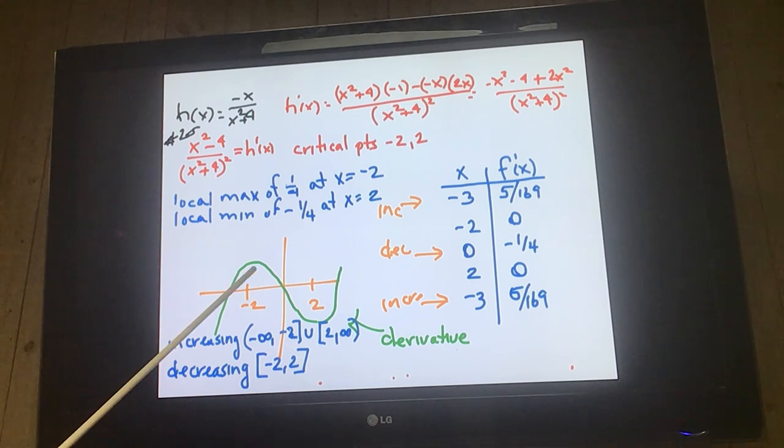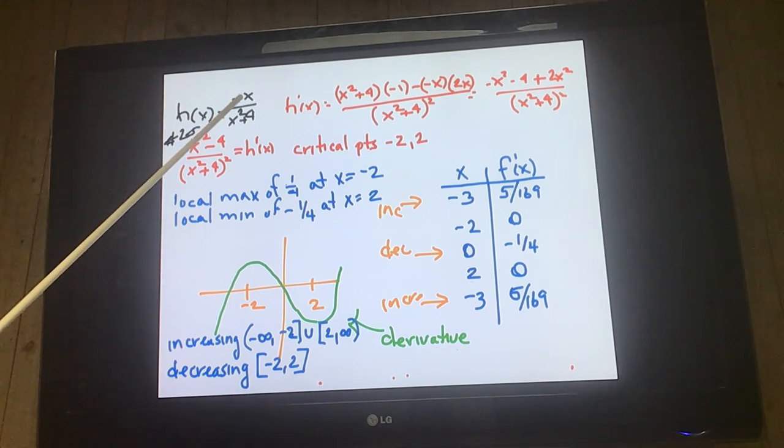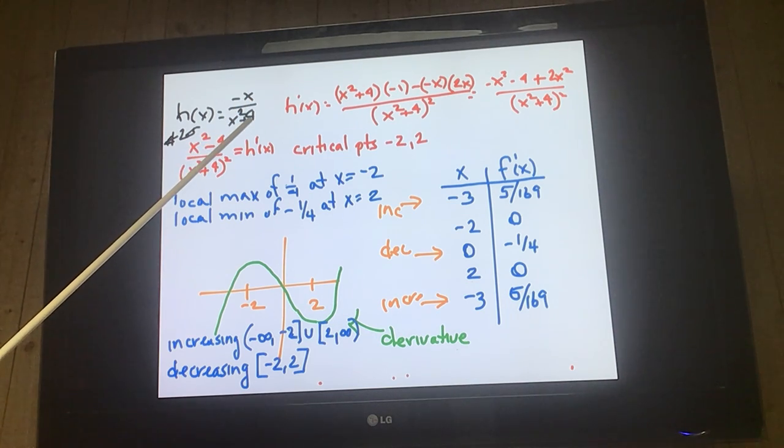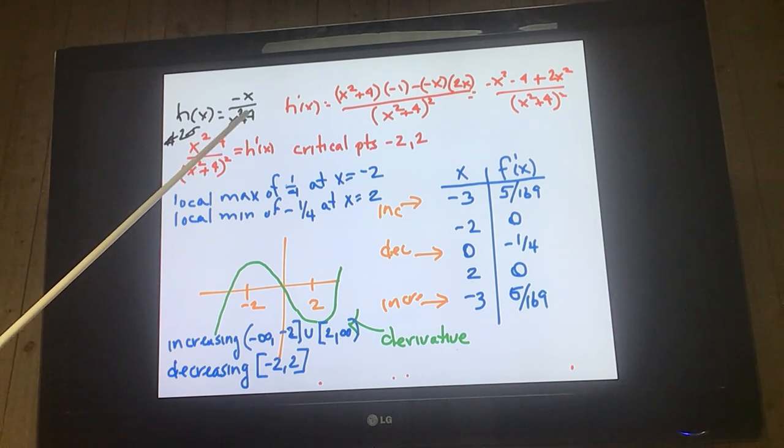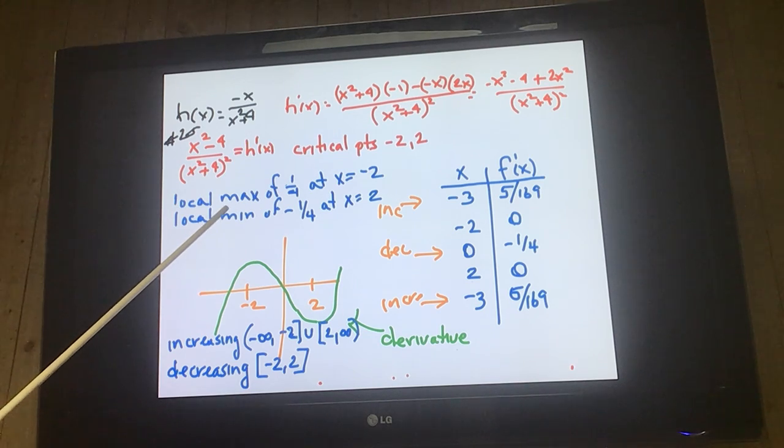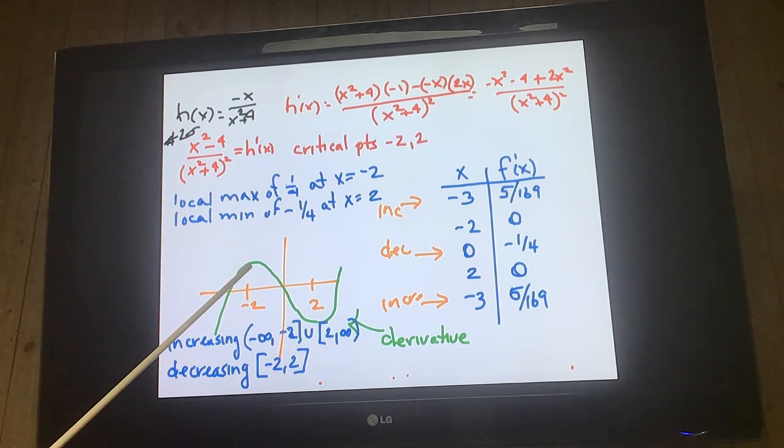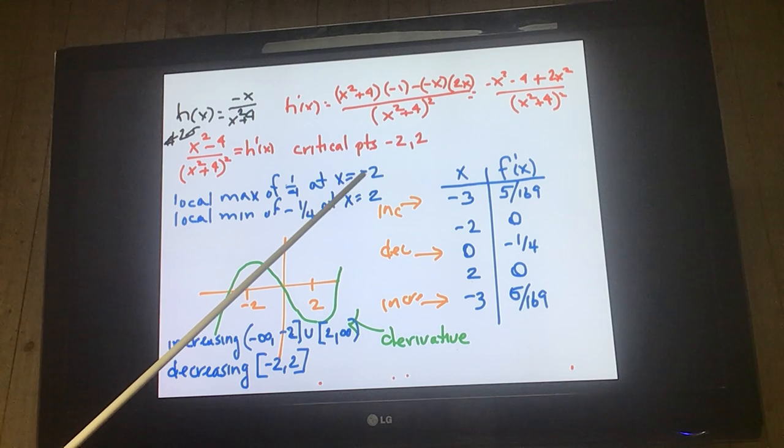I know that I have a local maximum at negative 2, so when I put negative 2 into my original function, that's negative negative 2 is 2, 4 plus 4 is 8, 2 over 8 is 1/4. So I have a local maximum of 1/4 at x equals negative 2.